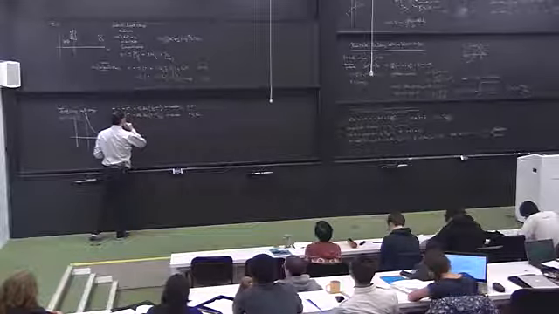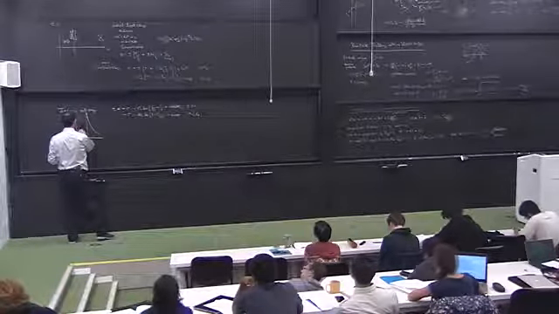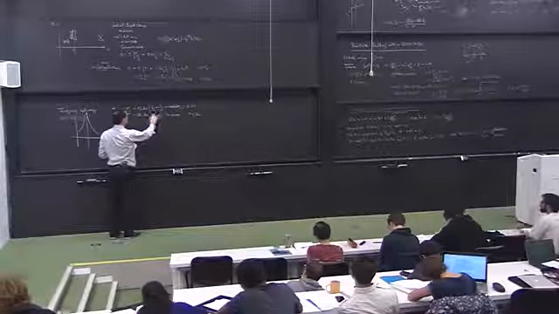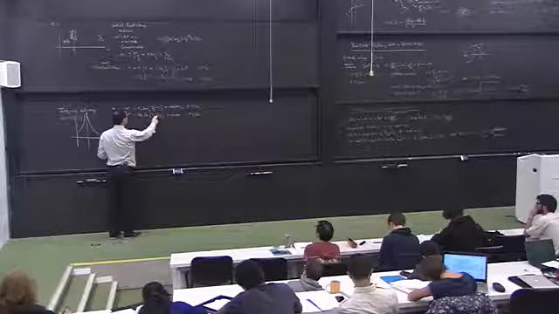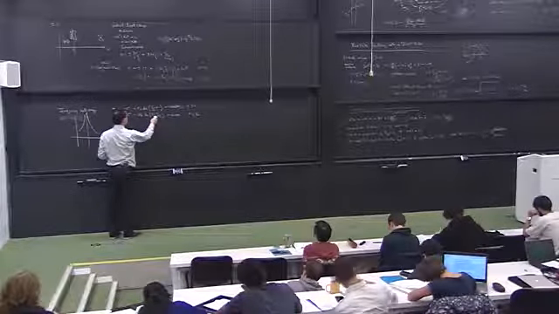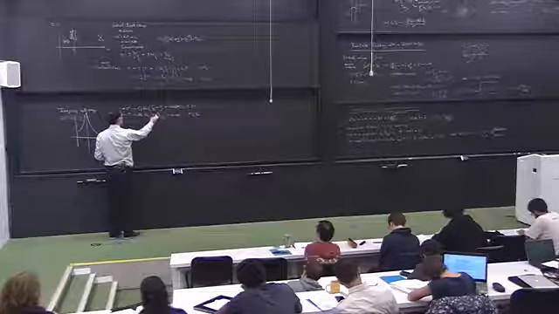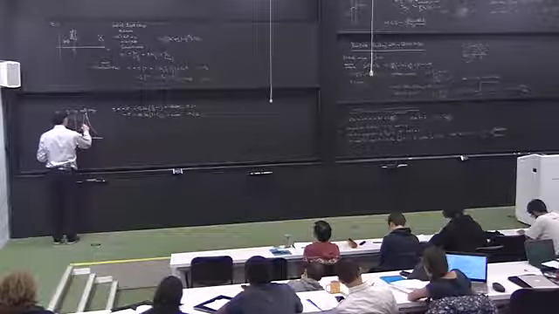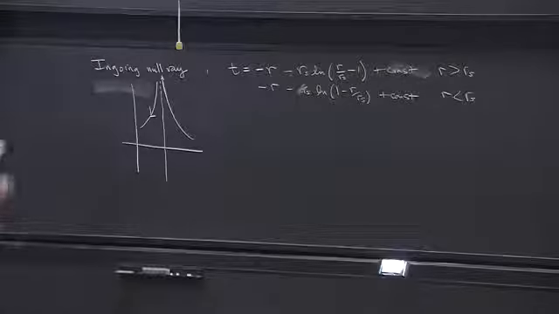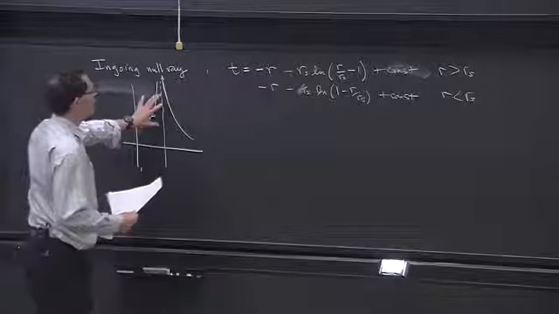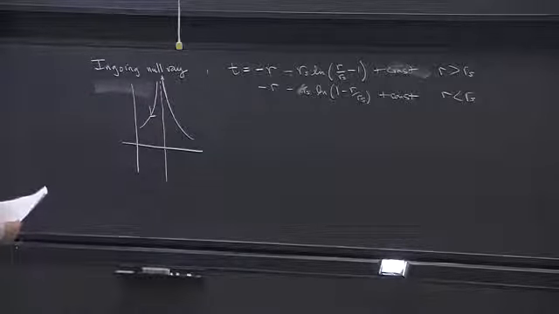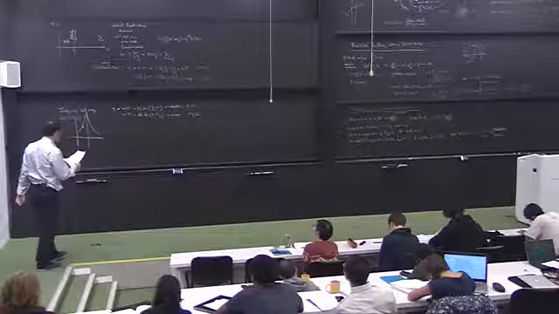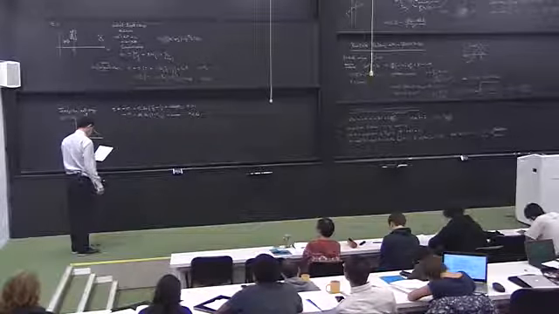Conversely, if we take this expression, which is supposed to be valid inside rs, as I send r towards rs, again, the argument of the log is going to 0. So this goes to minus infinity, and together it goes to plus infinity. And so that's the description of an ingoing null ray in these coordinates. And you go through this funny place at rs where the time coordinate t is infinite.